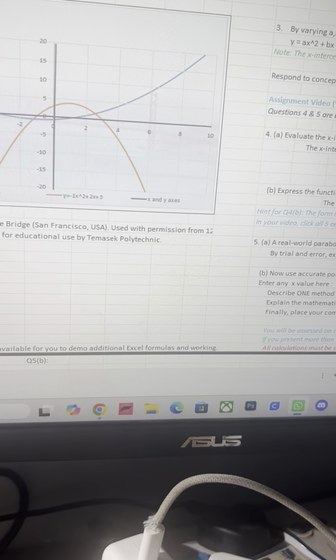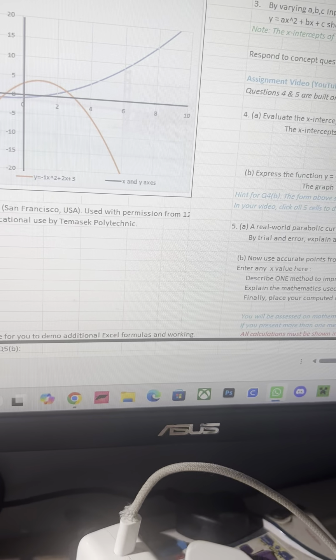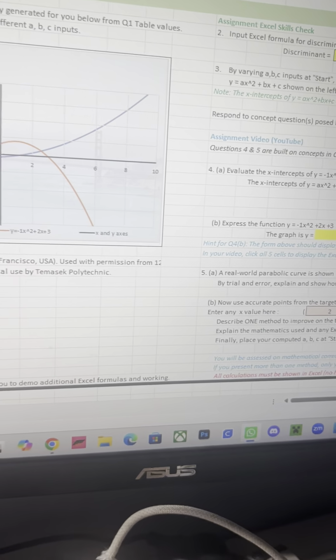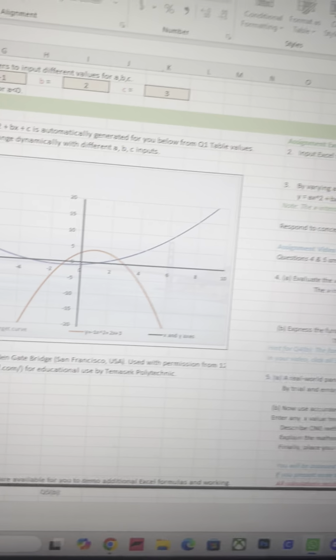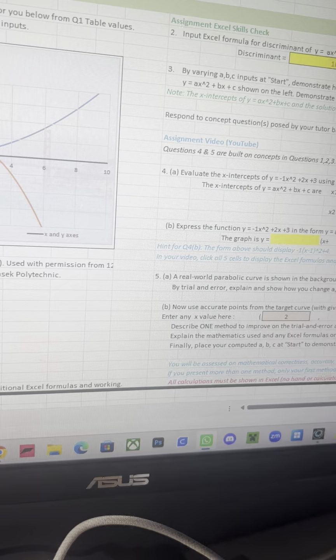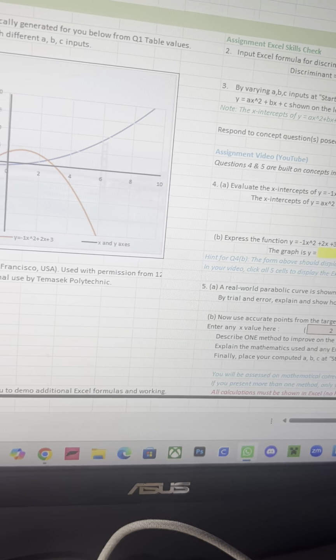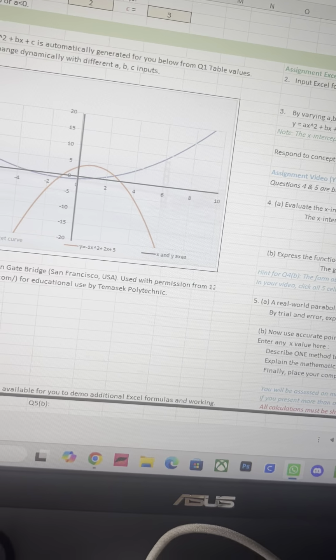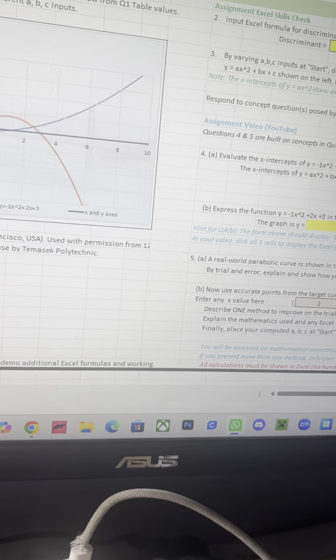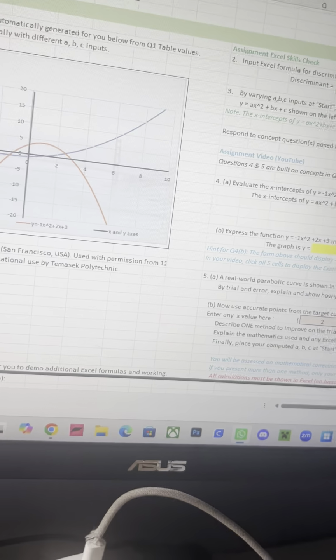And the problem with trial and error is great for getting a feel for the a and b, and c also.